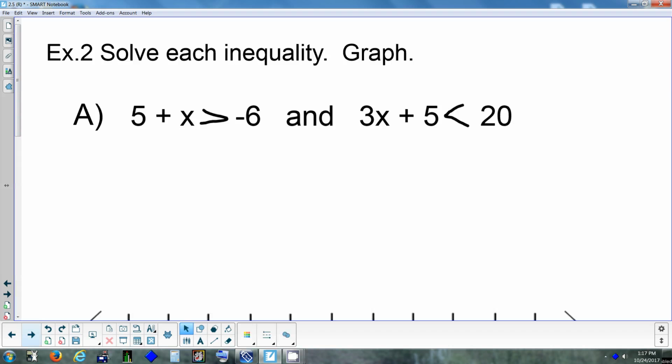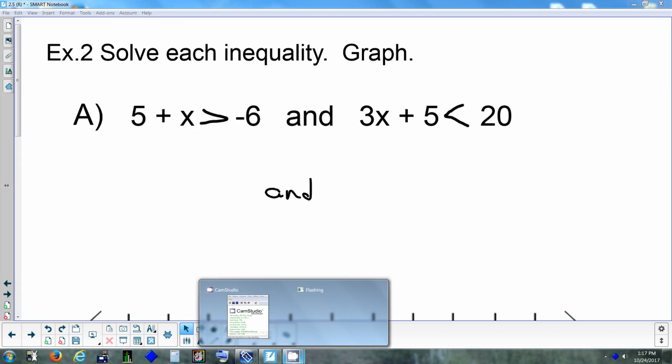Write your 2 answers, and what word should you put between them when you're done? You've got to put and. And in this case, it's and. Don't forget the word and. That's half the problem. That tells you all about the shading. So give that a shot and see what you can do.